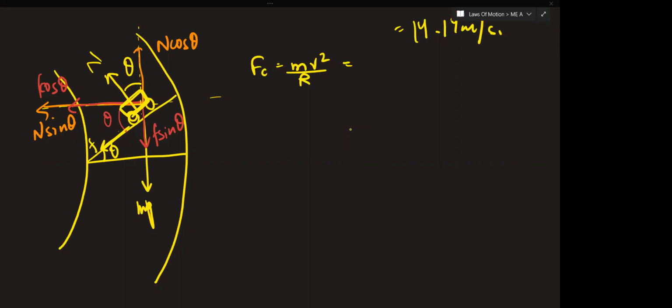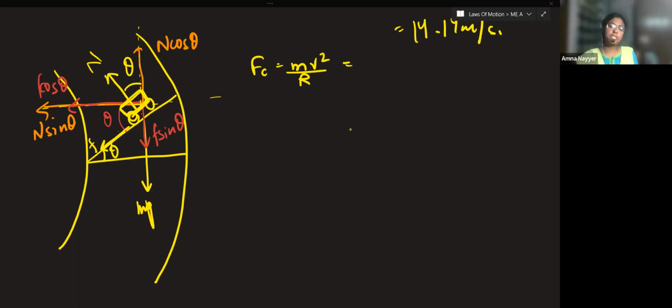Centrifugal force. No, centripetal force is there. Out of all these forces which you are able to see, f sine theta, n cos theta, mg, f cos theta, n sine theta, this frictional force, this normal reaction, so many forces are there. Which force will provide the centripetal force?